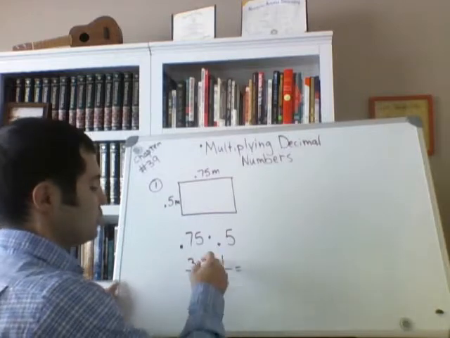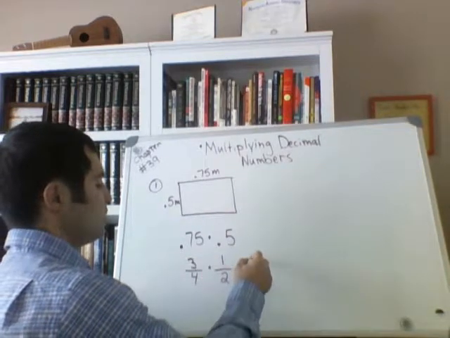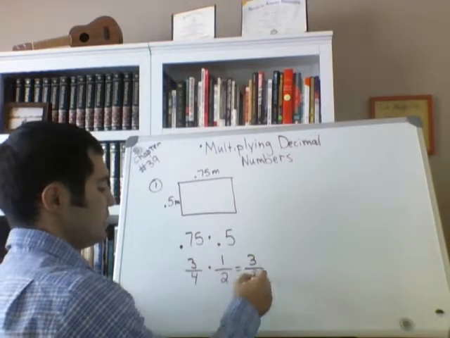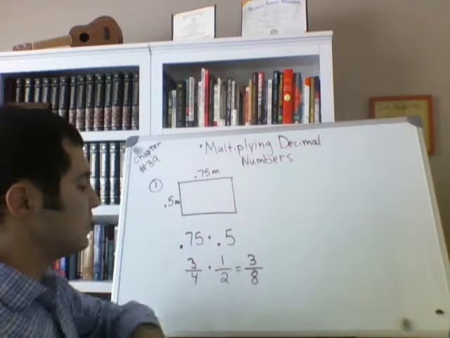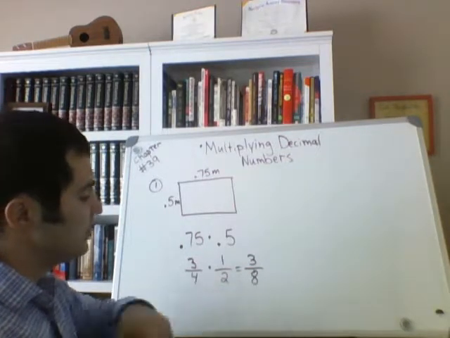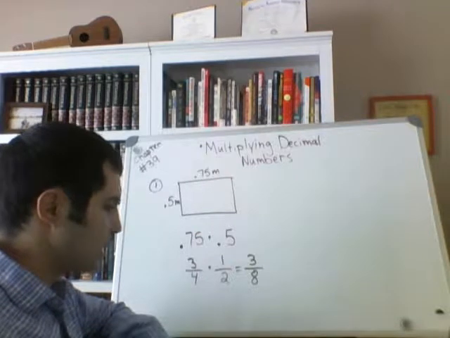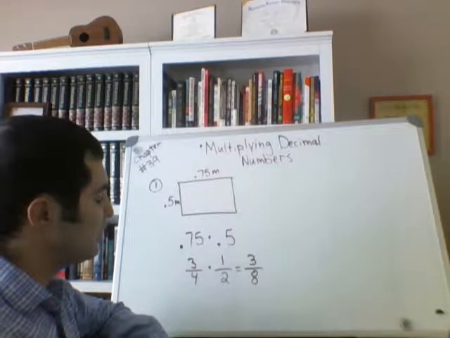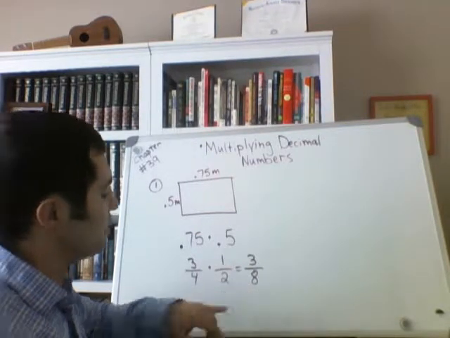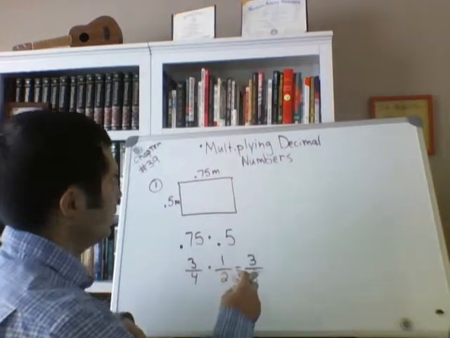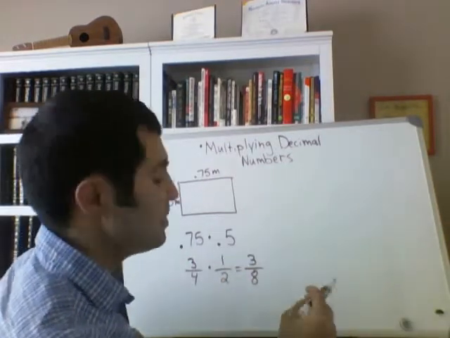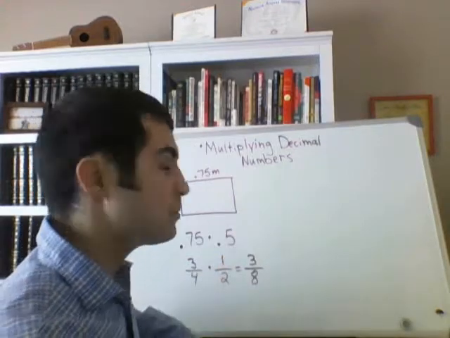When you multiply fractions, you go straight across. 3 times 1 is 3. 4 times 2 is 8. So then you have 3/8. If you want to change this fraction to a decimal, you take top divided by bottom.